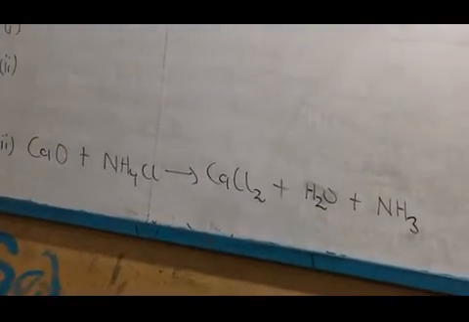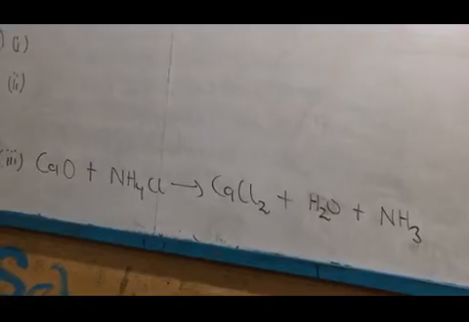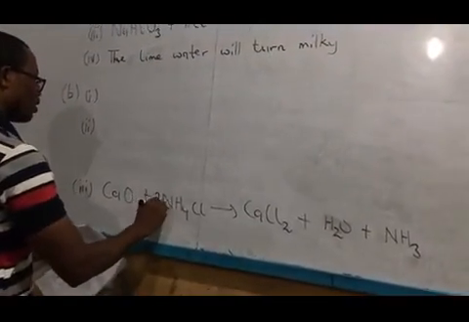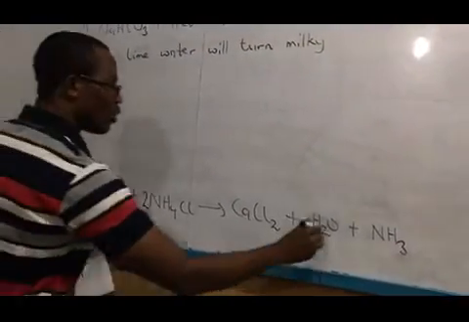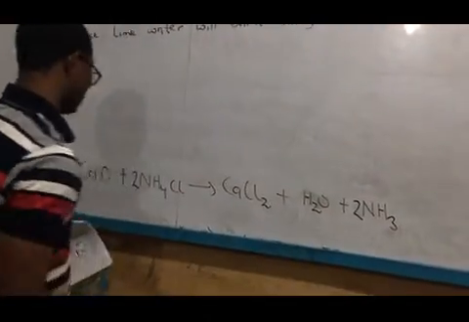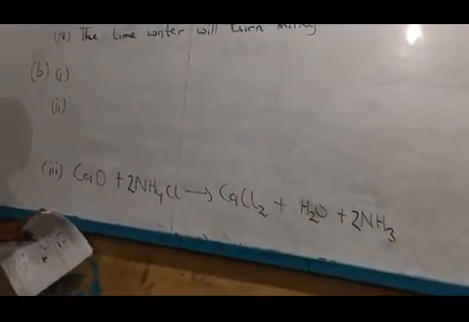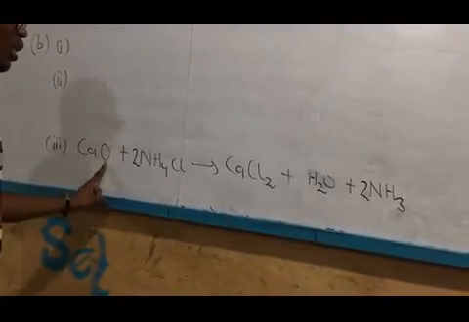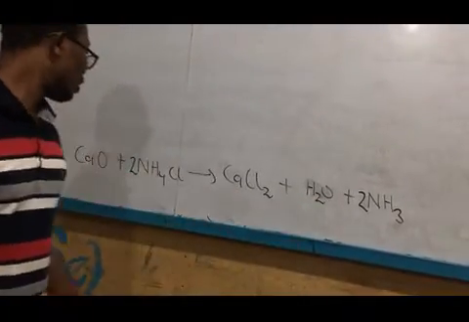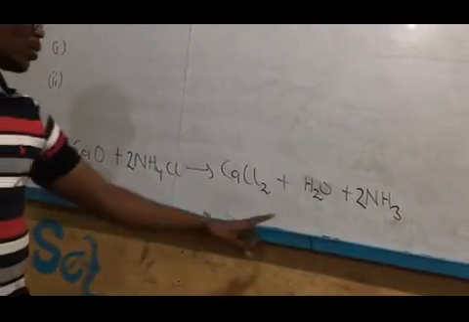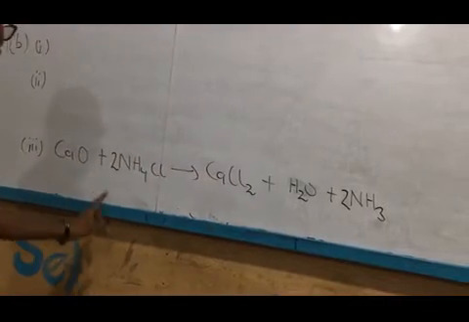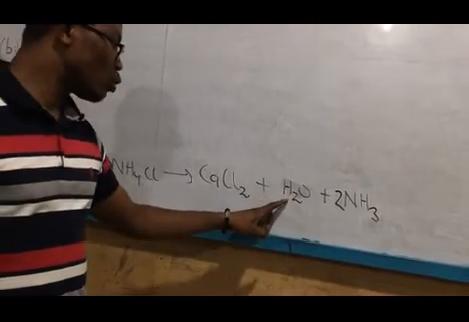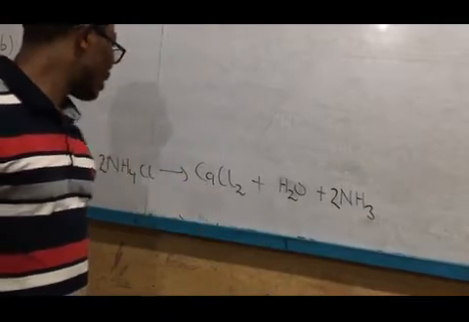Okay, so in balancing, chlorine here is 2, but here is 1, so you put 2 here. If you do that, the N is 2, so you also put 2 here. Now cross-checking, calcium is 1, oxygen is 1, nitrogen is 2, nitrogen is 2, hydrogen here is 8, hydrogen here is 2 plus 6, making 8.